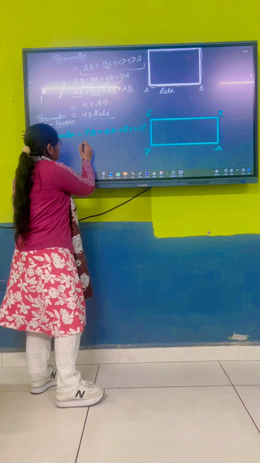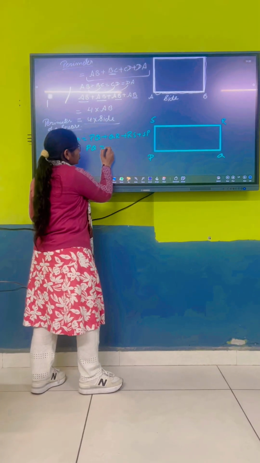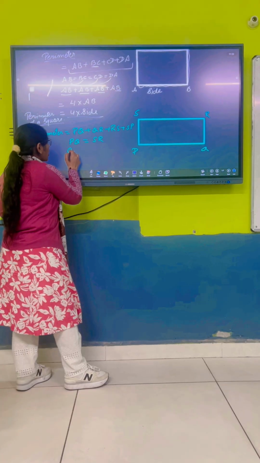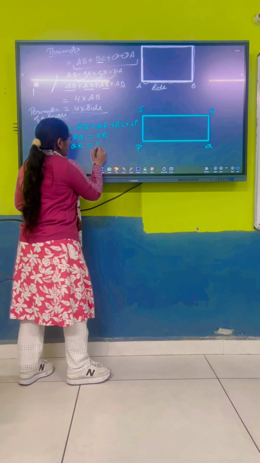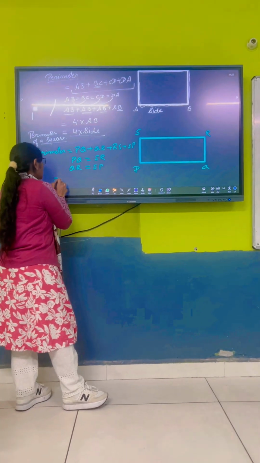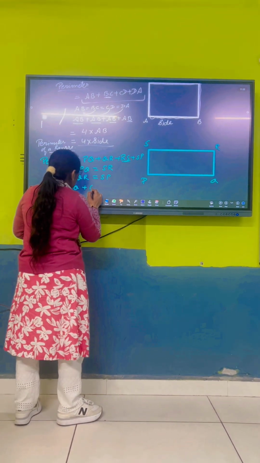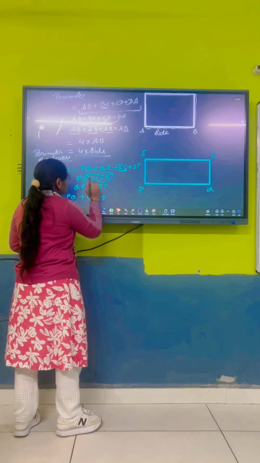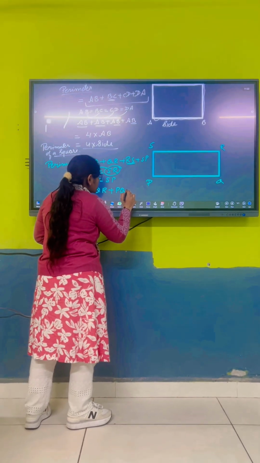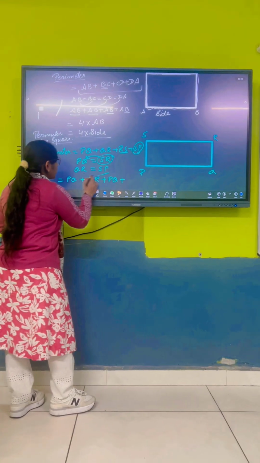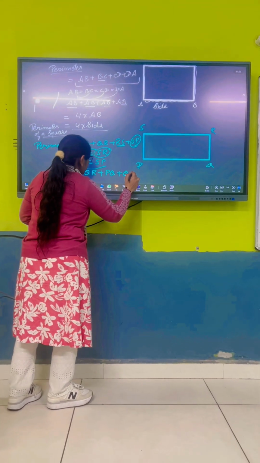That means side PQ equals SR and side QR equals SP. So in place of SR we can put PQ, and in place of SP we can put QR.